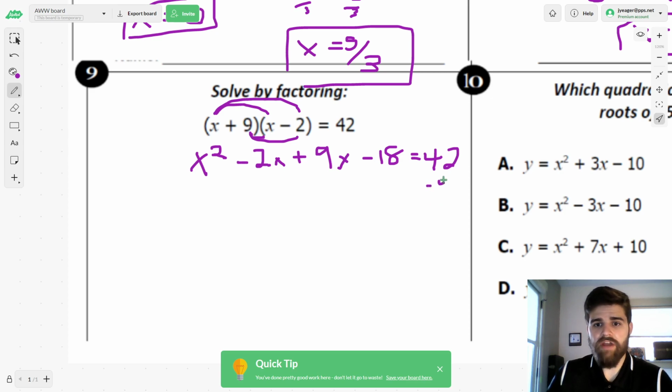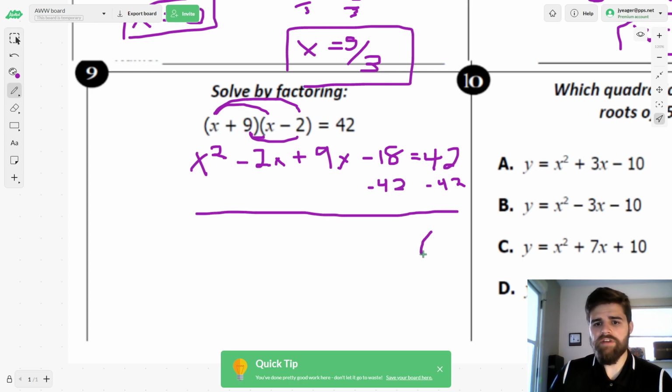So I'm going to subtract 42 from both sides. Now we have the 0 on the right side like we wanted. Let's see what's left on the left. We've got x squared. 9 minus 2 is 7x's. And then 42 and 18, they're both negative, so we get negative 60.